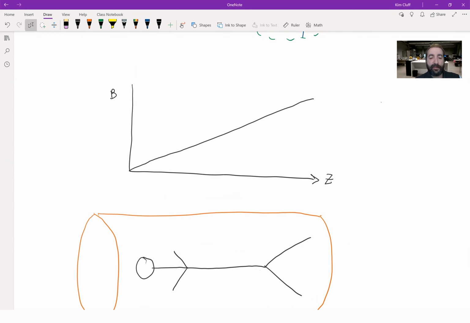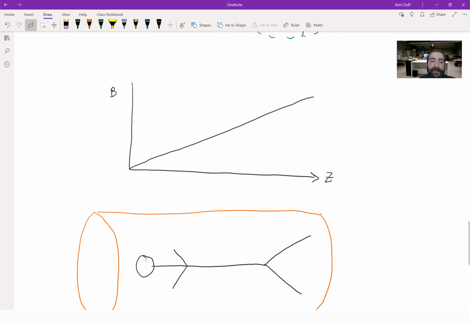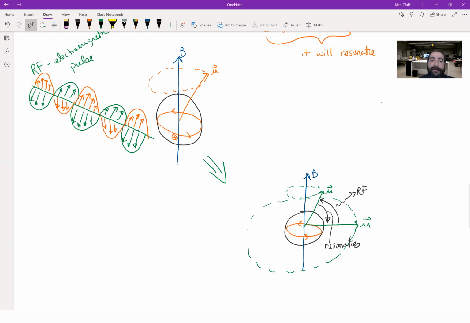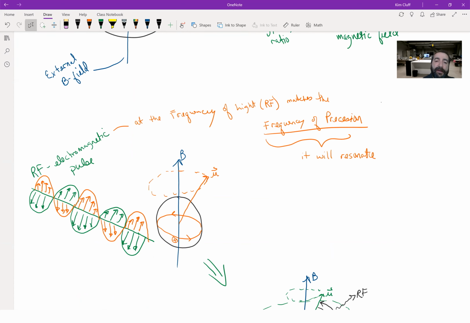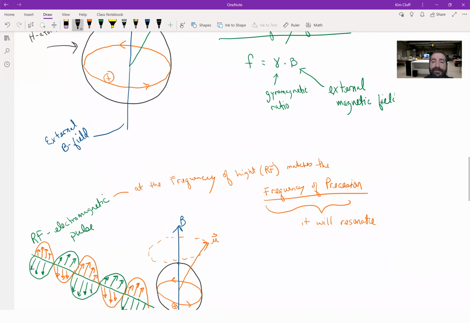And let me tell you why we do this. We do this so that we can have different frequencies of precession, okay? Because the frequency of precession is equal to the gyromagnetic ratio, which is constant because it's all hydrogen that's spinning and producing that magnetic moment.